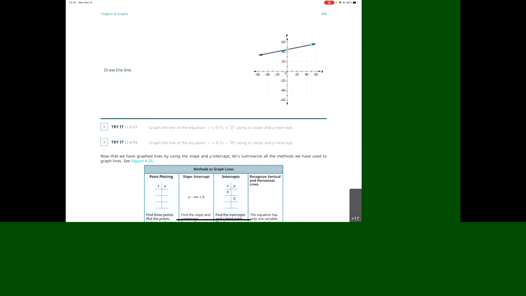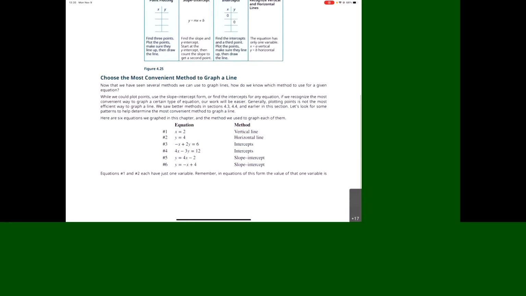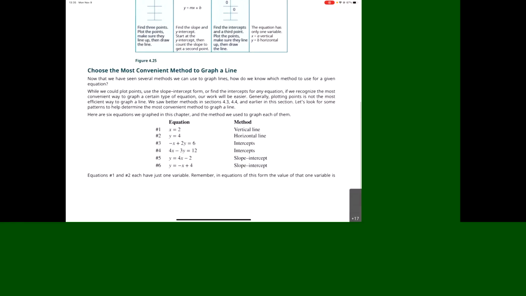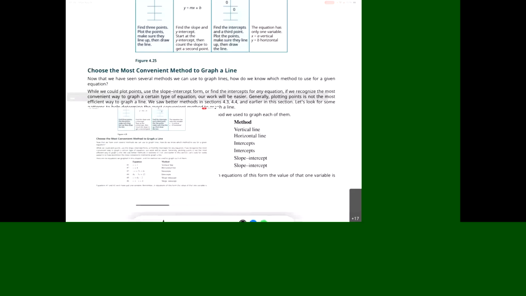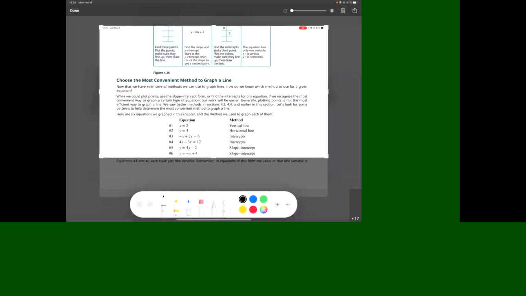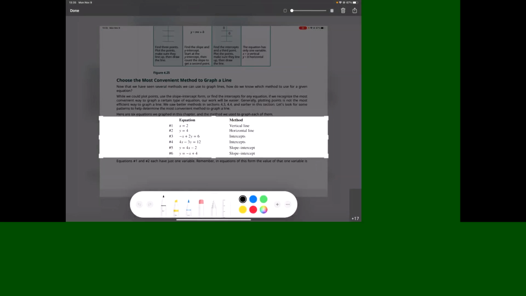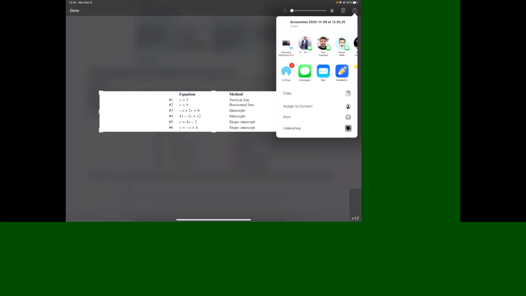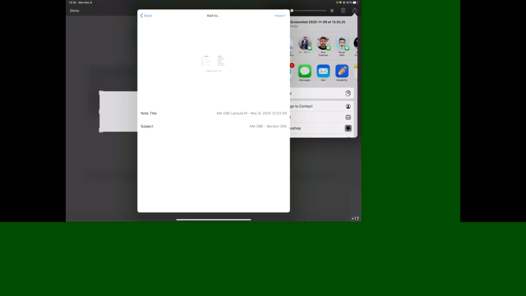Again, it's not a golden rule to follow. Let me take a screenshot of this, share it to Notability, and add it to our current note.